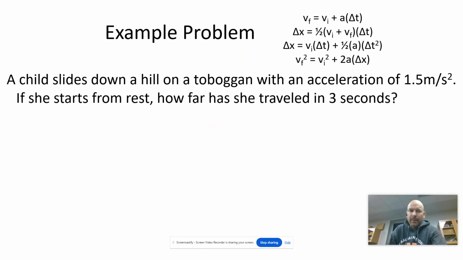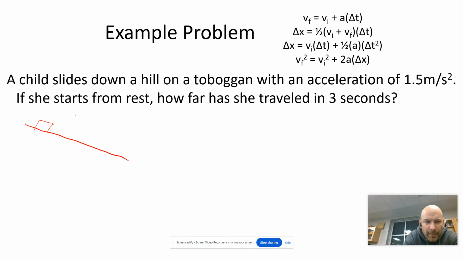Okay? So, example: a child slides down on a toboggan with an acceleration of 1.5 meters per second squared. If she starts from rest, how far has she traveled in the first 3 seconds? So, step one, we're going to draw a hill and the kid on a toboggan, just draw a square, easy.